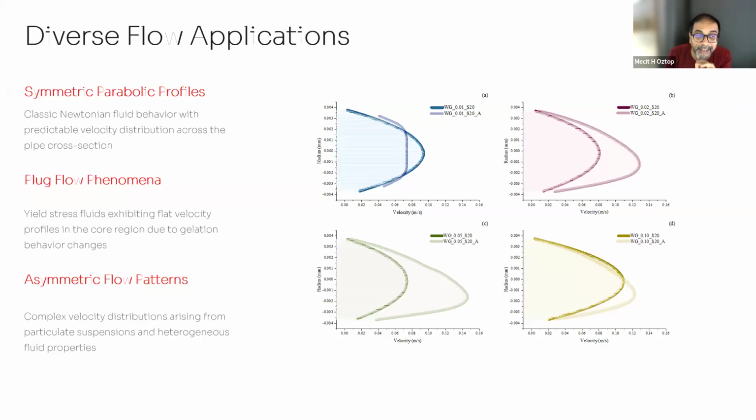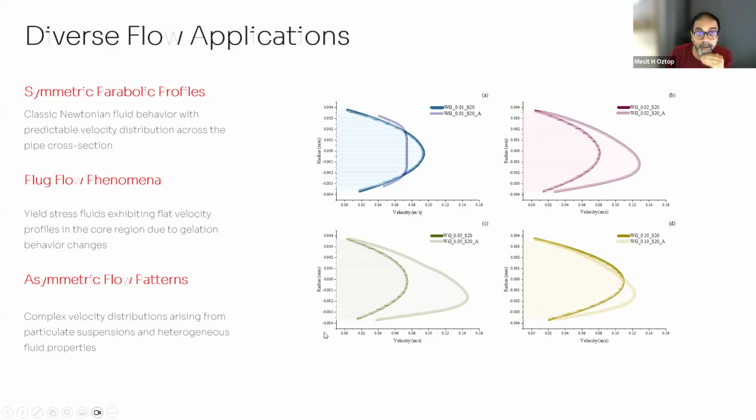If you have asymmetric flow patterns, for instance, in some of our samples, once we introduce gastric juice, the hydrocolloids in fact precipitated, forming some heterogeneous particles. In such a case, you see an asymmetric flow profile.